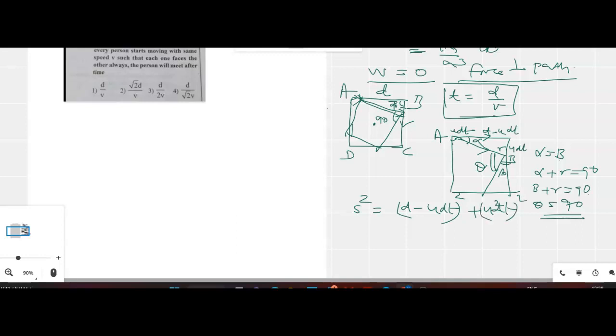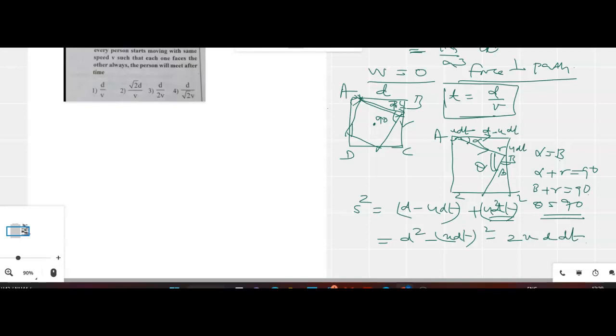So that is the distance. What we do is, for dt small, we neglect this because this is a second order term. Now here we have d square minus 2u d dt, and we neglect the u dt whole square term.